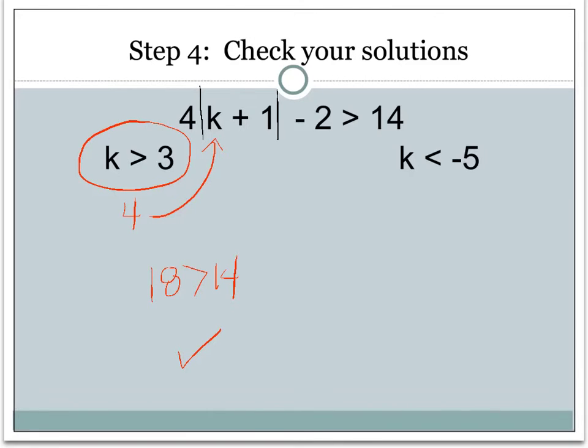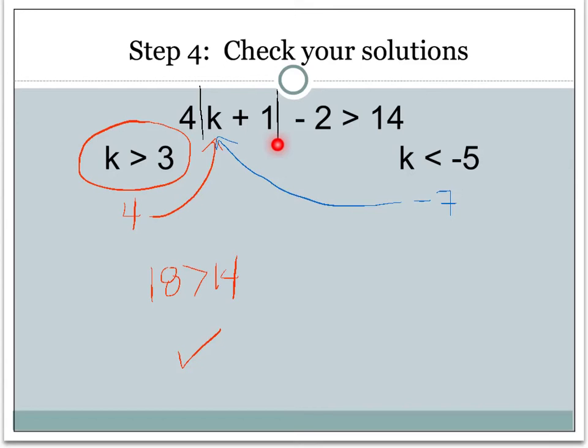We have to do the same thing for k is less than negative 5. To be less than negative 5, we go further to the left on our number line, so you could try negative 6, negative 7, or negative 8. Let's choose negative 7 this time. Plug it in for k in the original inequality and simplify. Negative 7 plus 1 is negative 6.